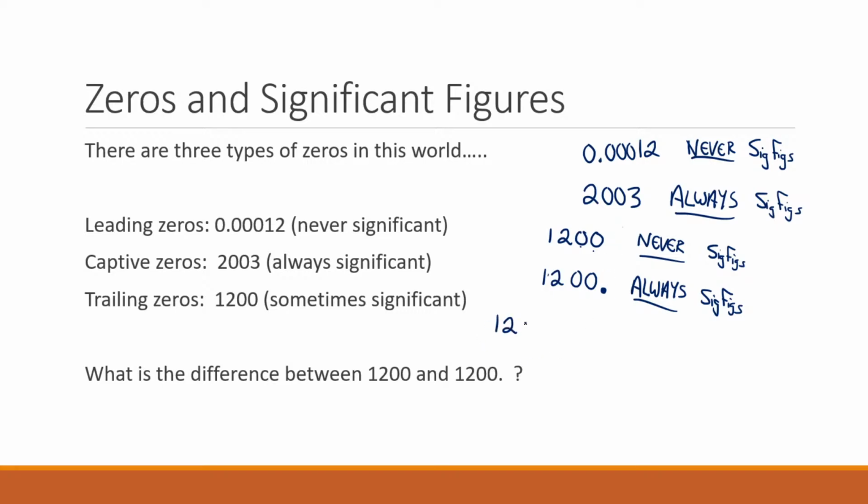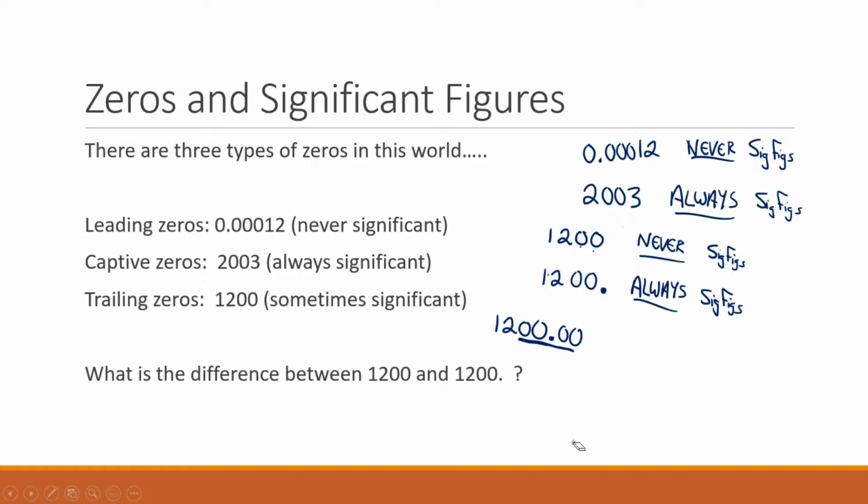All right, Jesse asks a fantastic question. What about this number, 1,200.00? These are all significant figures. These zeros, all four of them, are trailing zeros. They come at the end of the number, and there is a decimal point.